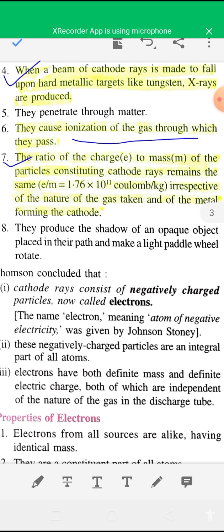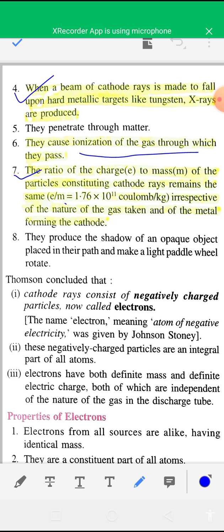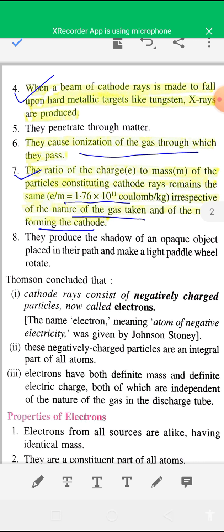The value of the e/m ratio for cathode ray particles is 1.76 × 10^11 coulomb per kg, irrespective of the nature of the gas taken and the metal forming the electrode. So this was the characteristic of cathode rays.